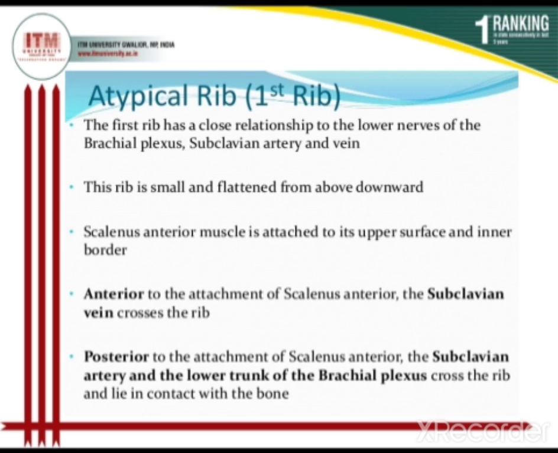The scalenus anterior muscle attaches to its upper surface and inner border. Anterior to the attachment of scalenus is the subclavian vein that crosses the rib. So this is about the atypical fourth rib, because it has a close relationship with the brachial plexus.